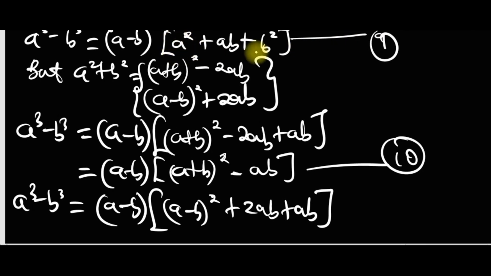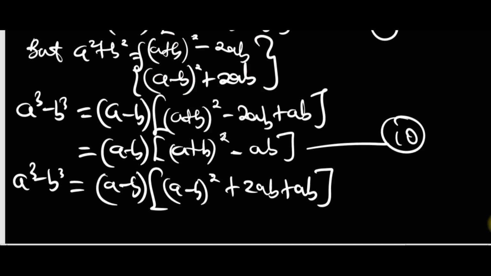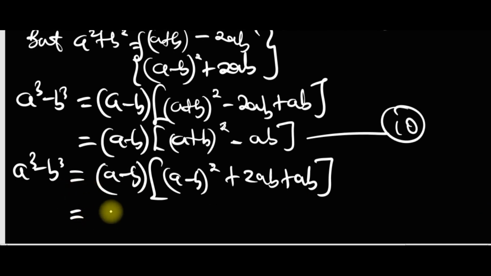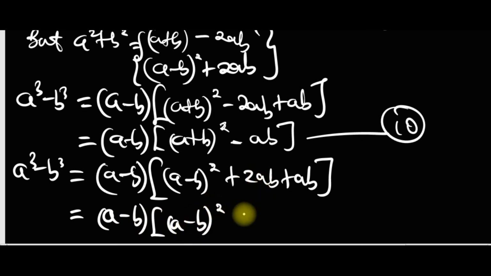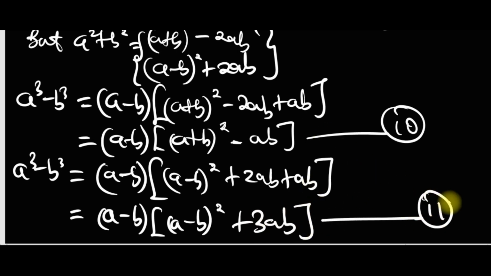I replace a squared plus b squared with this one. So we now have a minus b all squared, this is plus 3ab. So this is the 11th equation.